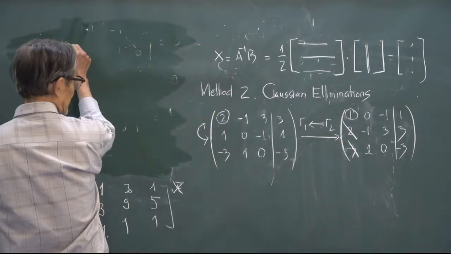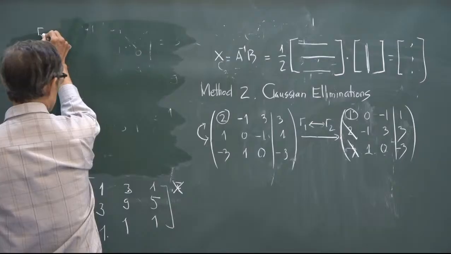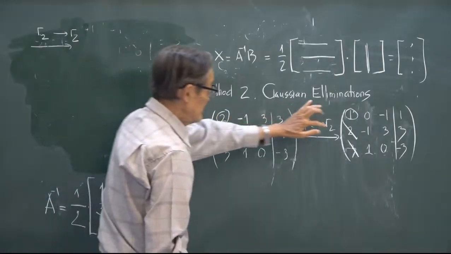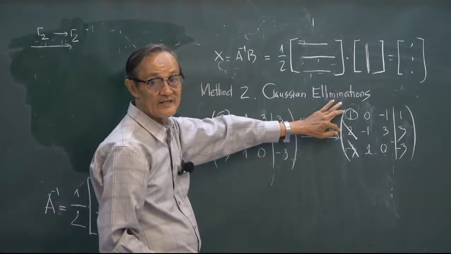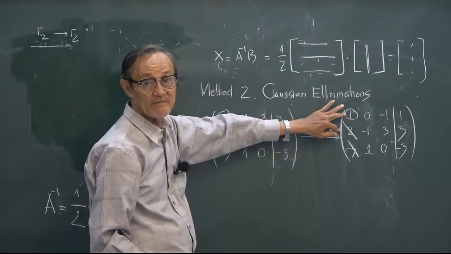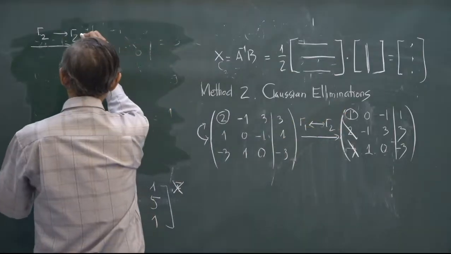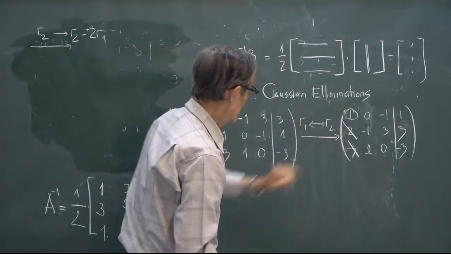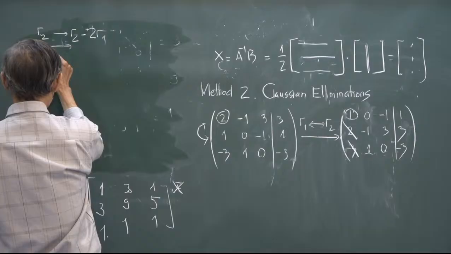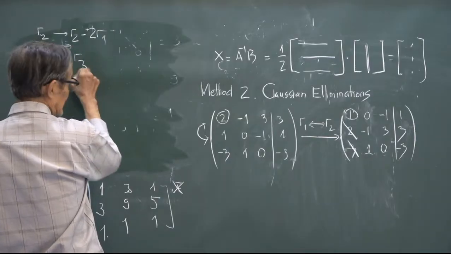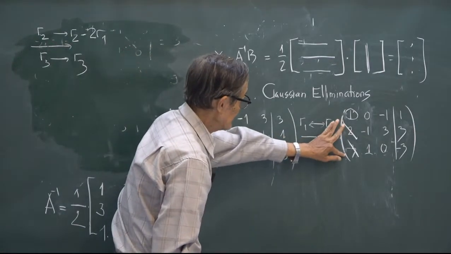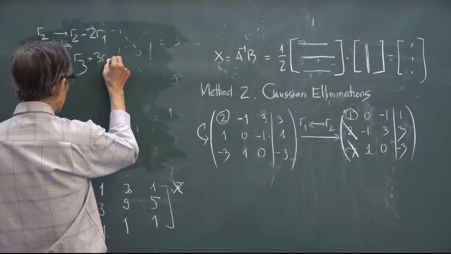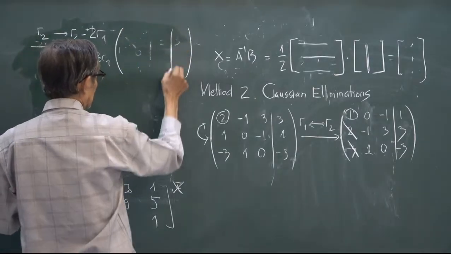So we transform equation 2 into row 2 using row 1, the row which contains the pivot: row 2 minus 2 row 1. And transform row 3: row 3 plus 3 row 1.